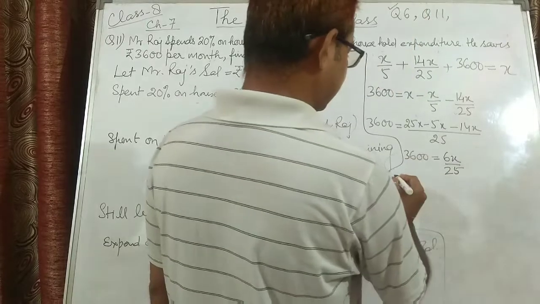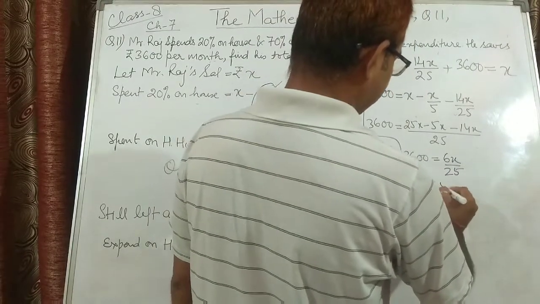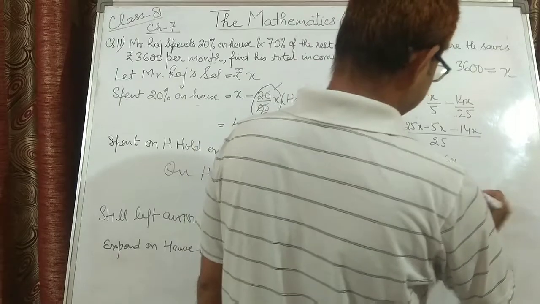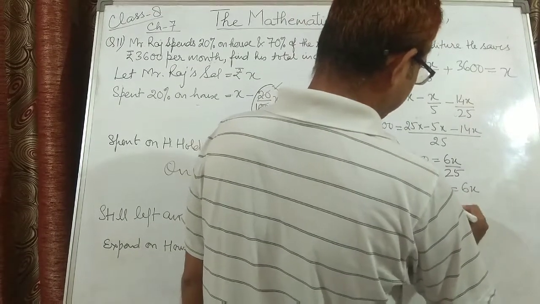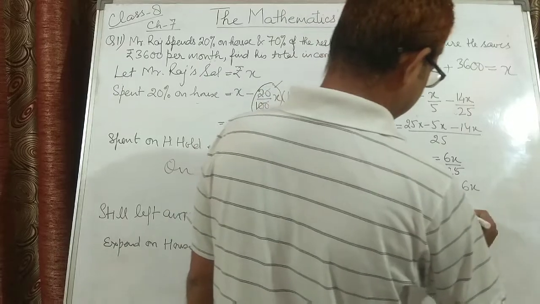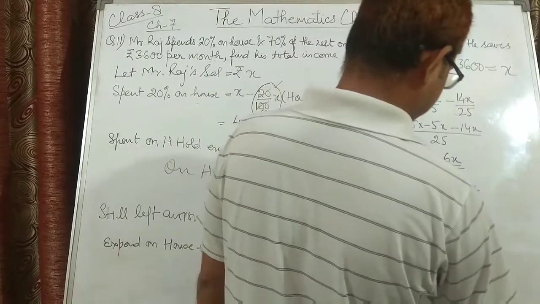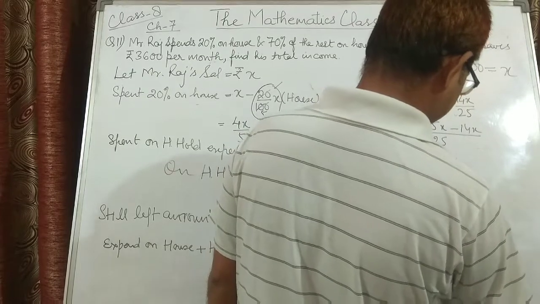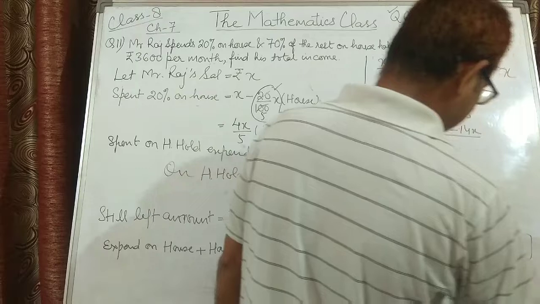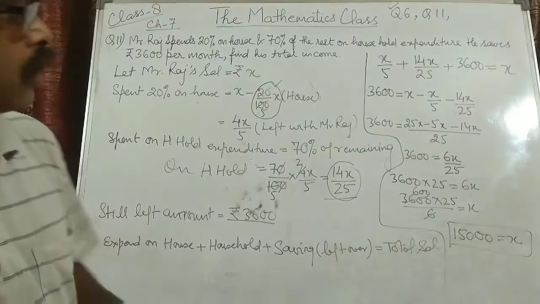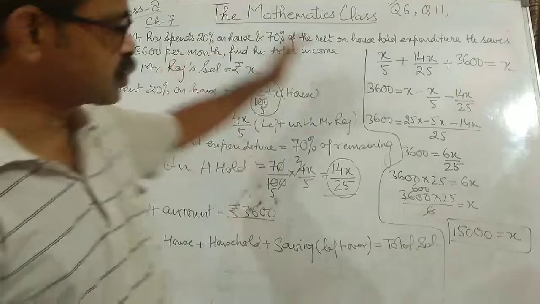In the next step, you can cross multiply: 3600 into 25 is equal to 6x. So 3600 into 25 upon 6 is equal to x. 6 6s are 36. 25 into 6 is 150 and 2 more zeros is equal to x. So his original salary was rupees 15,000. This is what the question was.